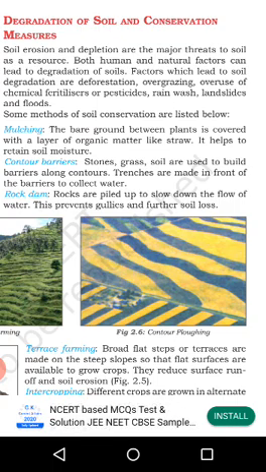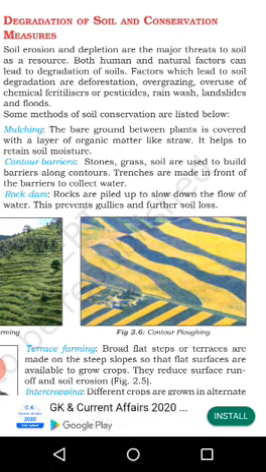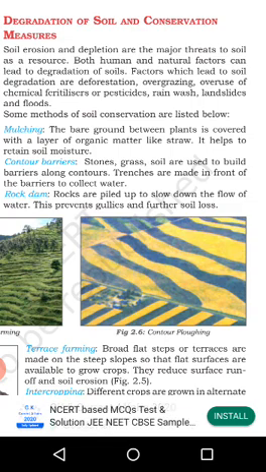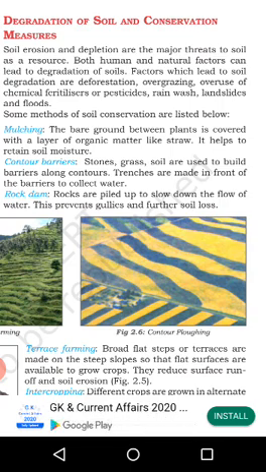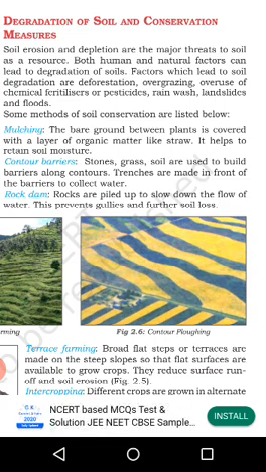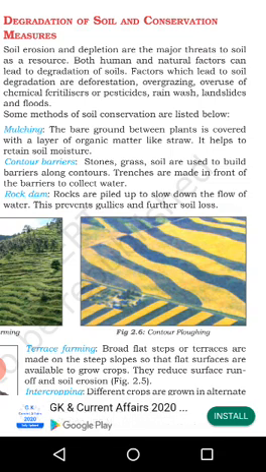Then how can soil be protected? Some methods are given here. The first method is mulching. Mulching means to cover up. So the bare ground between plants is covered with a layer of organic matter like straw.